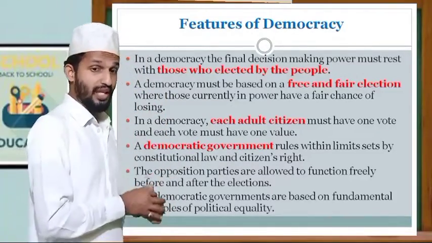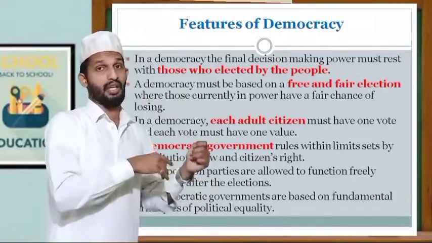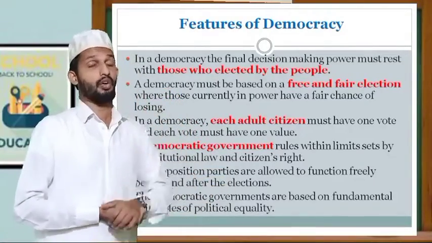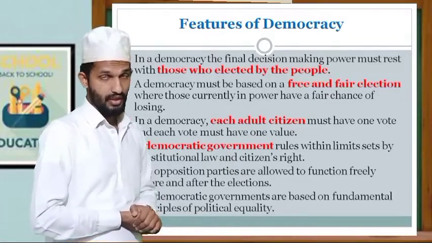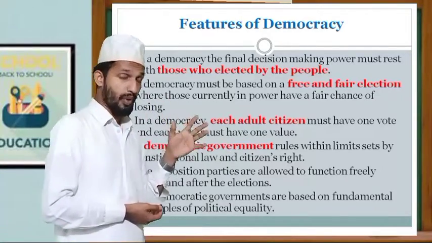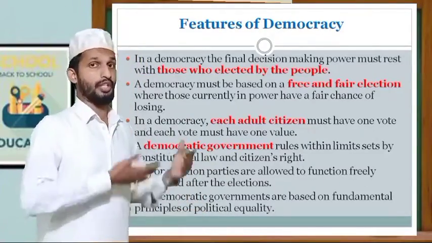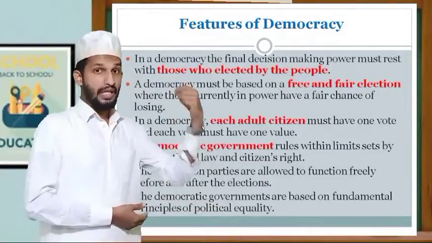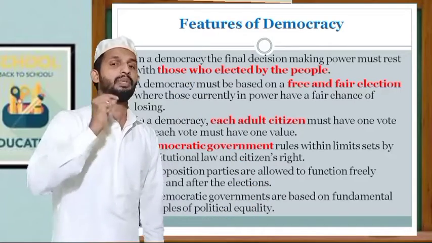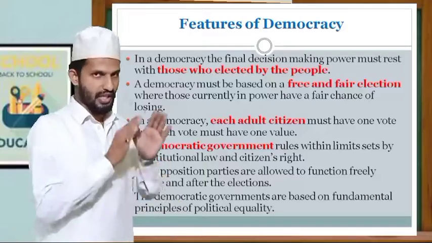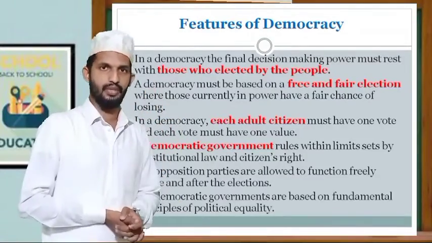And the fourth one is that the democratic government rules within the limits set by the constitutional law and citizens' rights. And the fifth one, opposition parties function freely before and after the election. And the last one, the democratic government is based on the fundamental principles of political equality. So these are the 6 features of democracy.